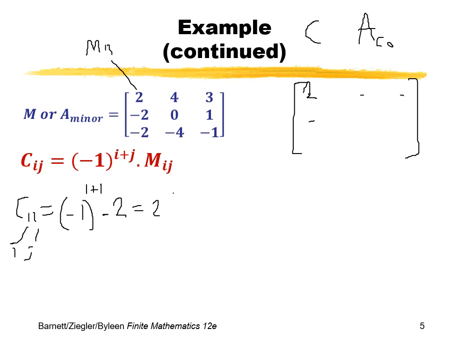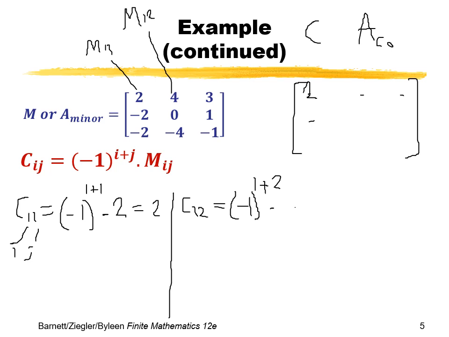Okay, let's calculate C12. The same equation, negative 1 power i plus j. i here equals 1, the number of the row, plus the number of the column, which is 2, so 1 plus 2, times M12, which is 4.